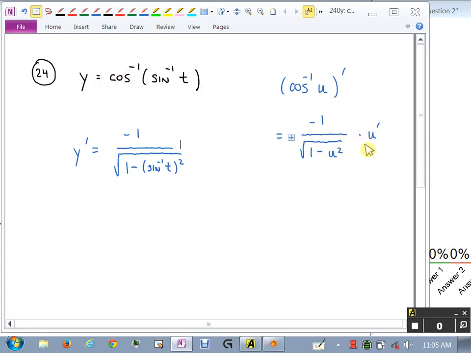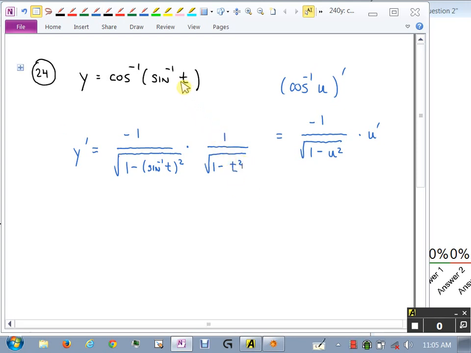Now I need the u prime over here, which is the derivative of what's in this. So what's the derivative of arc sine of t? 1 over the square root of 1 minus t squared. Right?